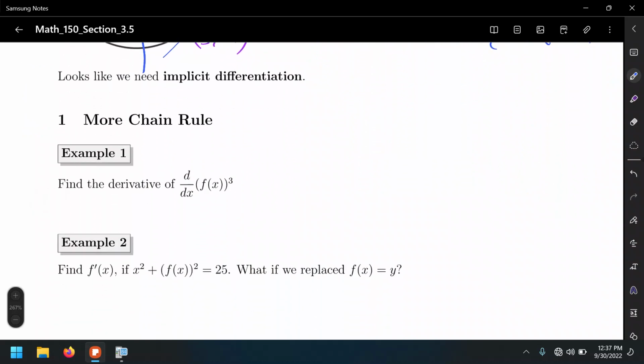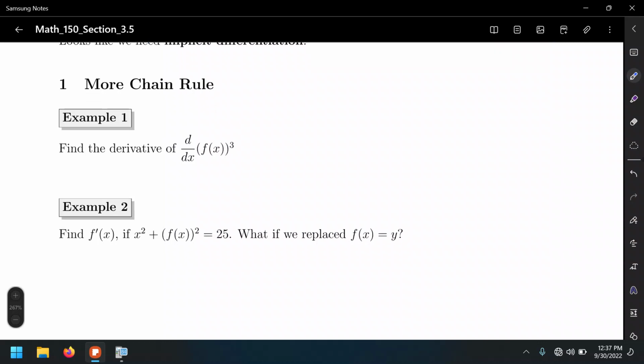Well, number 1, let's keep doing more chain rule. It's important to get used to the notation that we're going to use to put together the chain rule along with this implicit differentiation. Well, so the derivative of f of x to the third power. So this is a composition function composed by the outermost function, or the outermost layer, something to the third power, and an innermost function which is just some f of x.